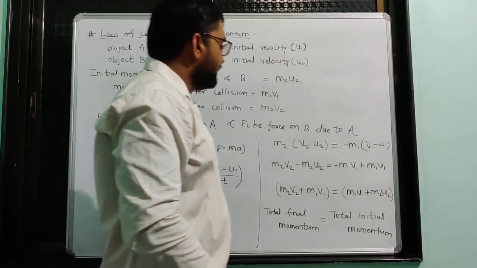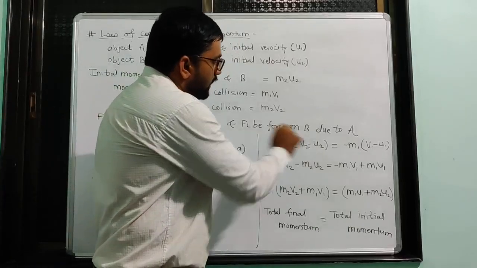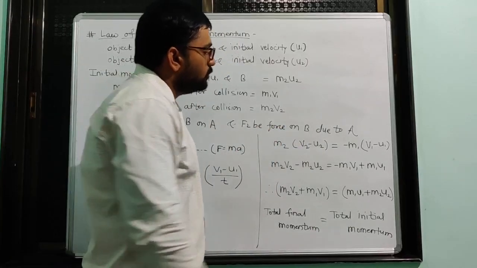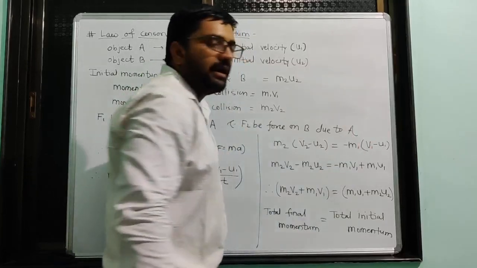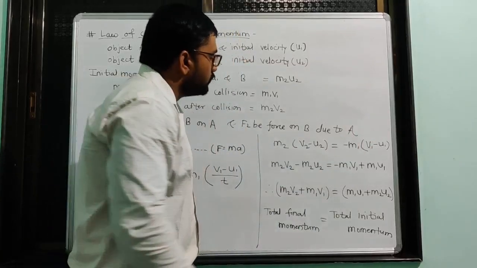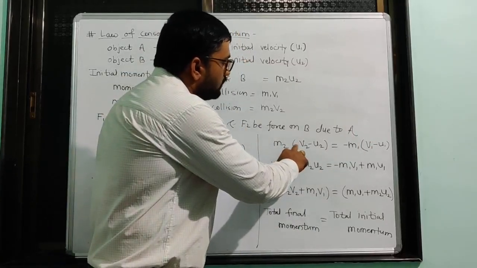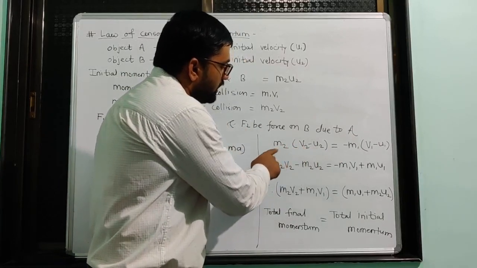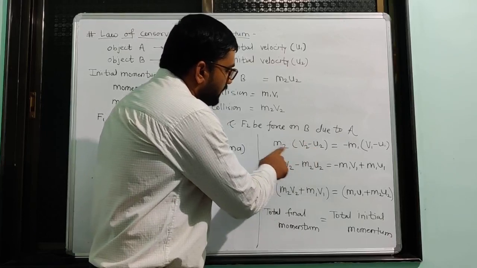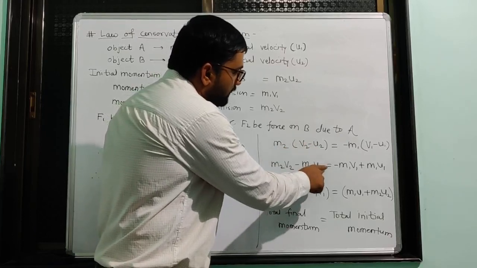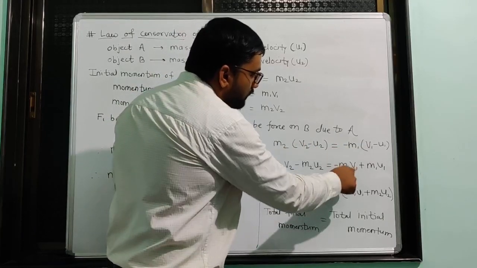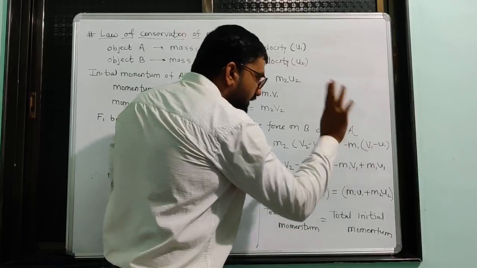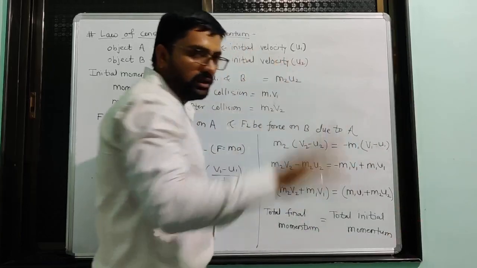So the remaining part is m2 (v2 minus u2) will be equal to minus m1 (v1 minus u1). So we have to multiply all the terms present inside the bracket by these terms. So m2 v2 minus m2 u2 will be equal to minus m1 v1, minus minus becomes plus, m1 u1.